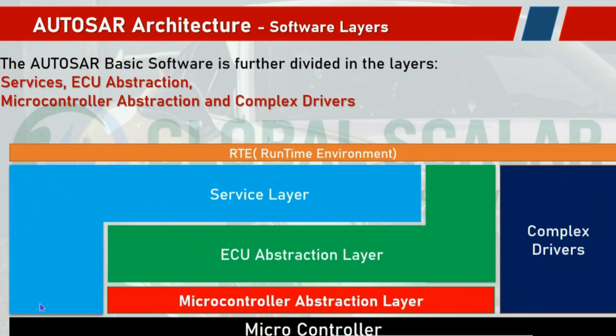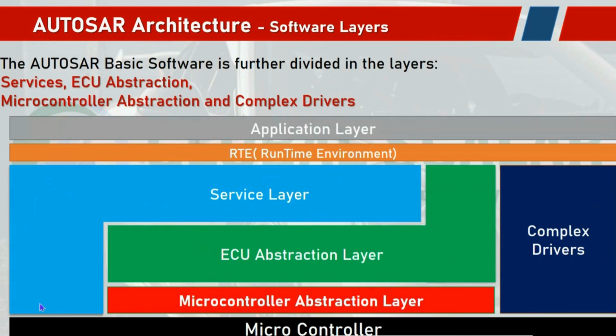The RTE handles the communication between the SWCs, and we need to ensure that different software components can work together even if they come from different suppliers and manufacturers. So the RTE plays a major role in the integration of all the components so they can work in one software architecture.